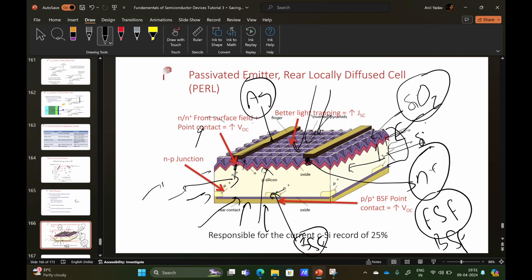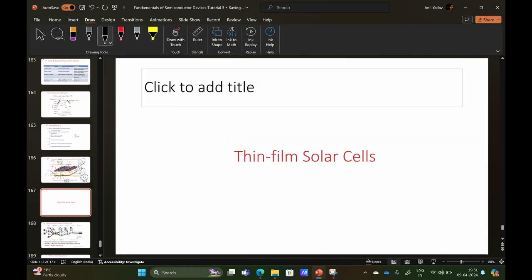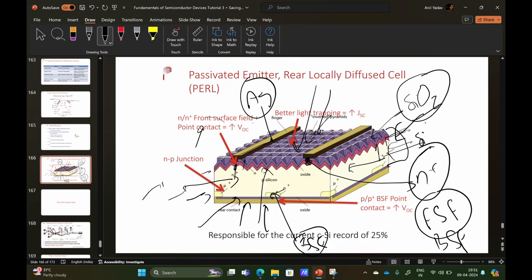There are other types of solar cells which are gaining momentum and covering the market these days, and which are a research focus of many researchers: thin film solar cells.